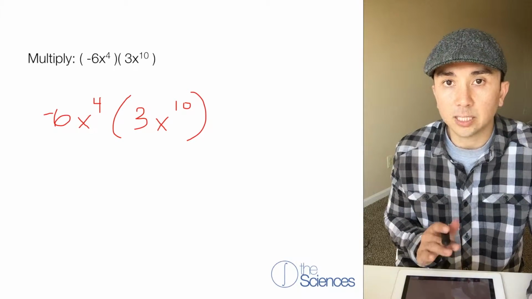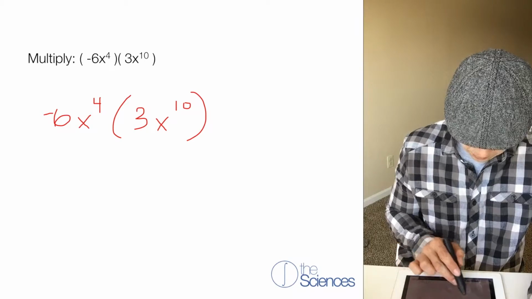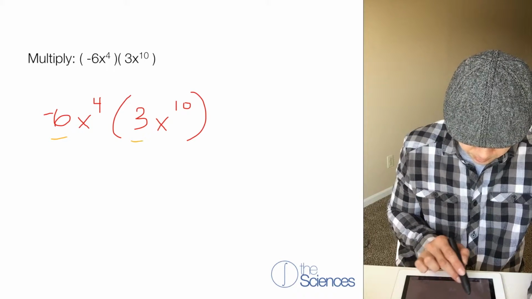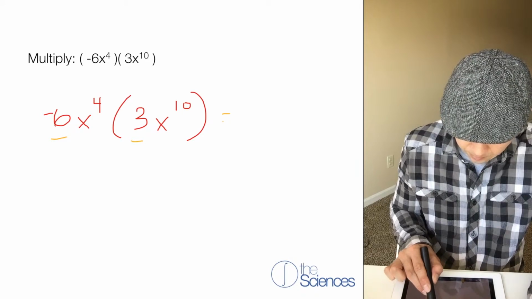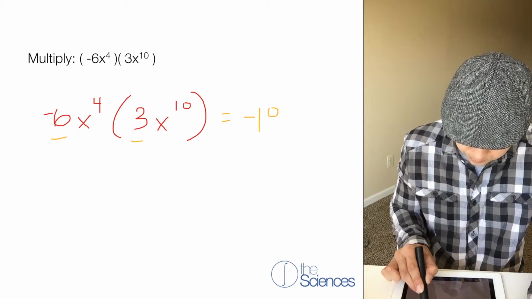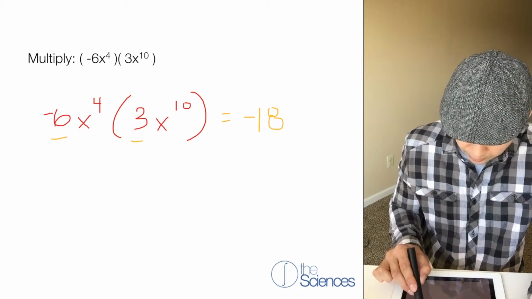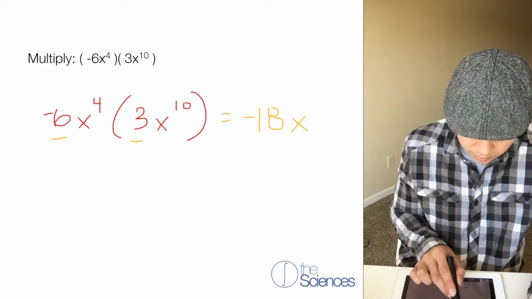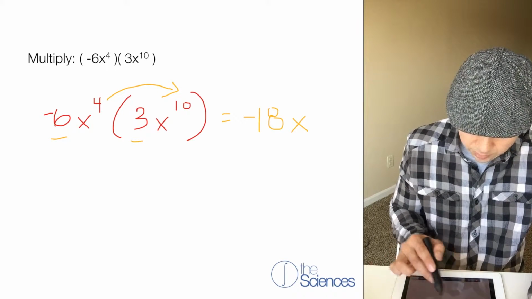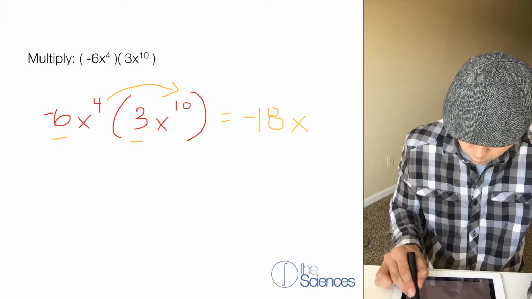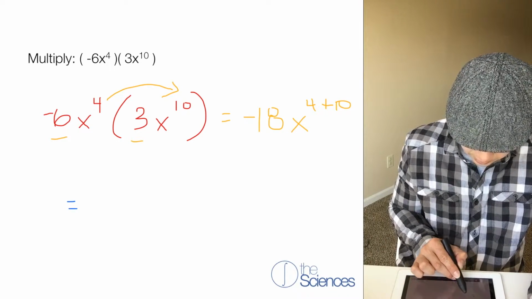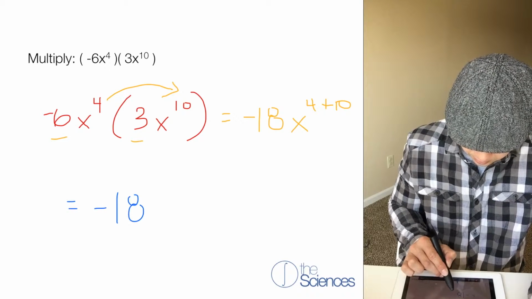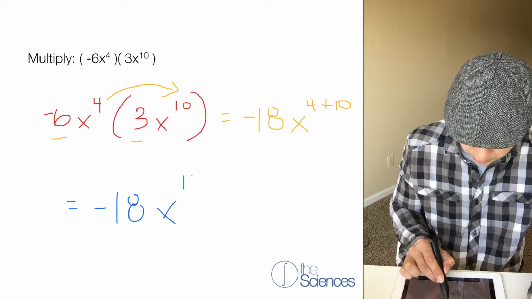So what we're going to do is multiply the terms. We have negative 6 times 3 is negative 18, and then we have x. We're going to add the two exponents. So we have 4 plus 10, which gives us negative 18x to the 14th power.